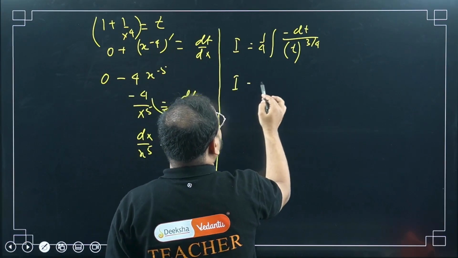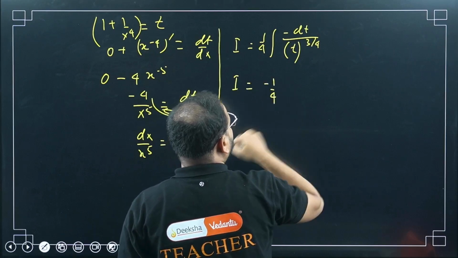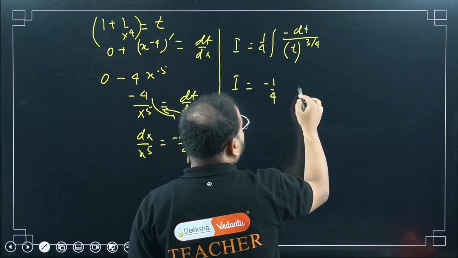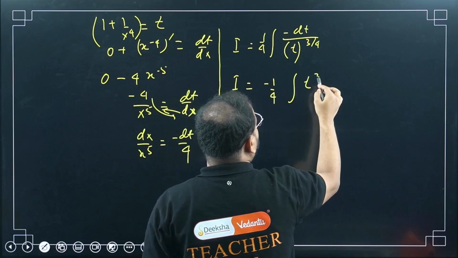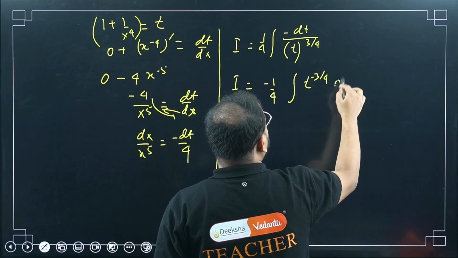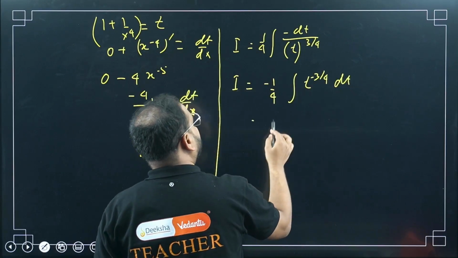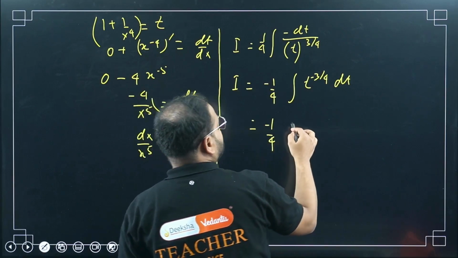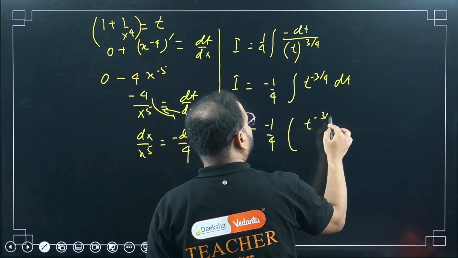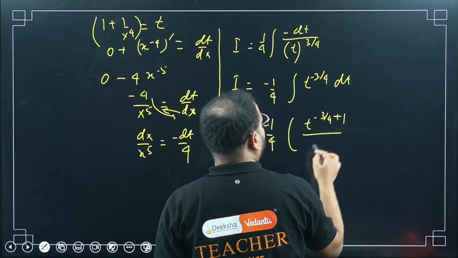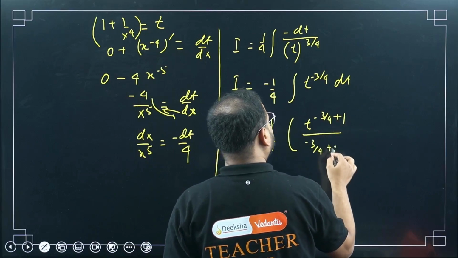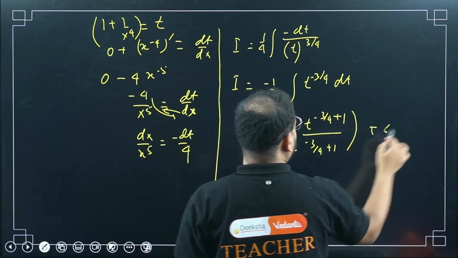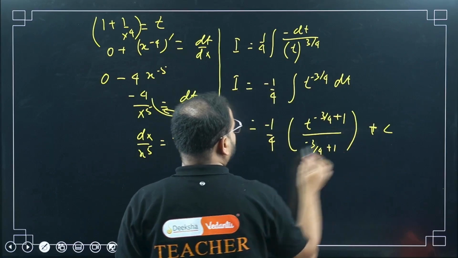So I will become minus 1 by 4. I can integrate this as t power minus 3 by 4 dt. So it will become t power minus 3 by 4 plus 1 upon minus 3 by 4 plus 1, plus c. How much do I get?